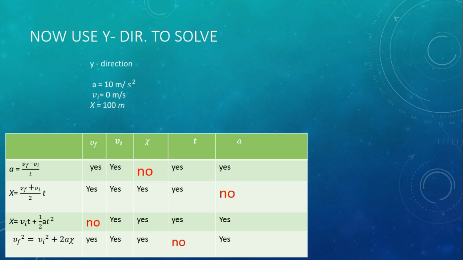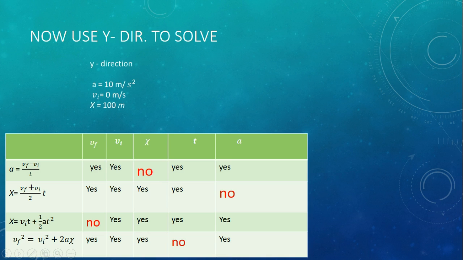So here are our givens again that we just talked about. Acceleration is 10 because gravity. Initial velocity is 0 because it's horizontally released, so it's not moving vertically initially. And then its displacement is 100. So we have these variables and we need to solve for time.